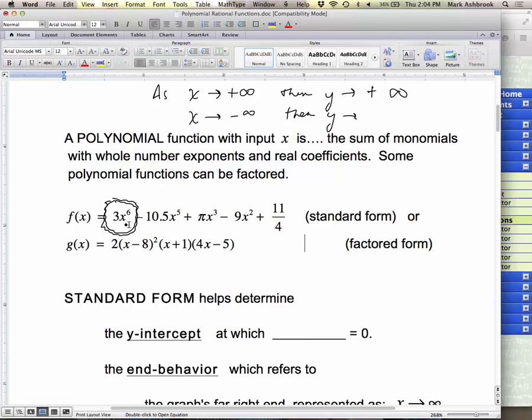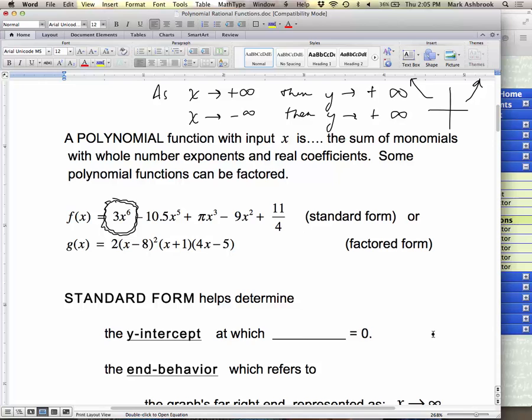Positive, because of the x to the 6th, and then we multiply it by positive 3. So way out to the left, you're going to go up or down? Up. Way out to the right and up way out to the left. Okay, any questions on end behavior of polynomials?